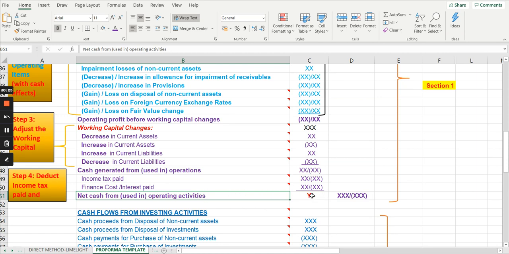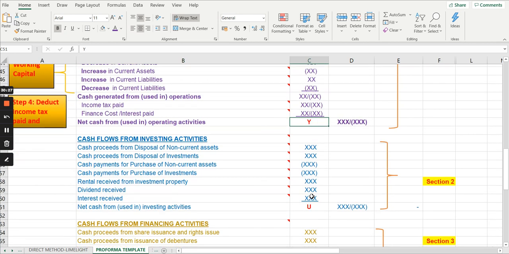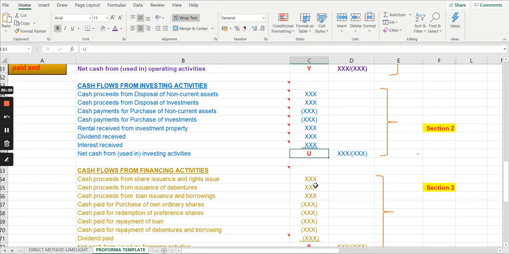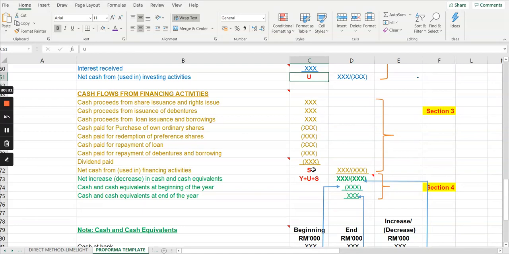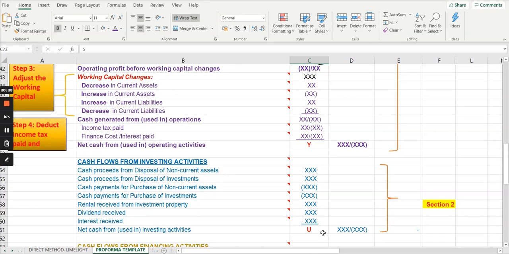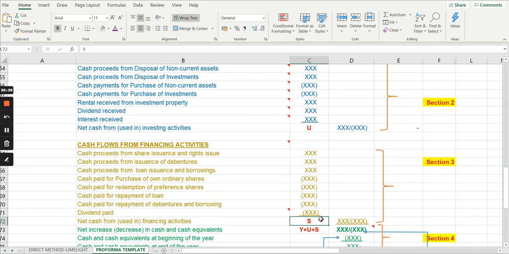For your information, if you add this with cash flows from investing activities and with cash flows from financing activities, your total will still be Y plus U plus S, the three totals from the three activities.